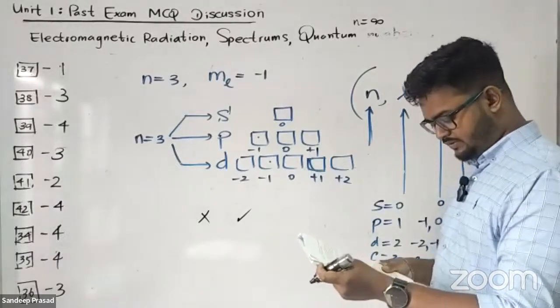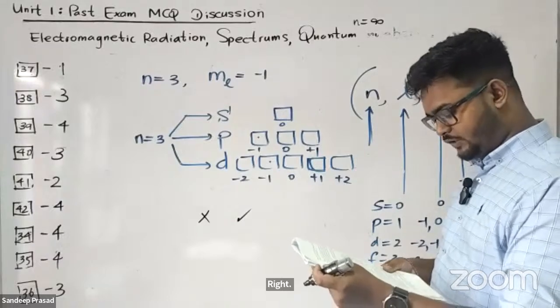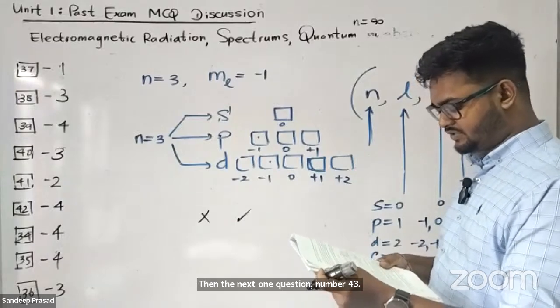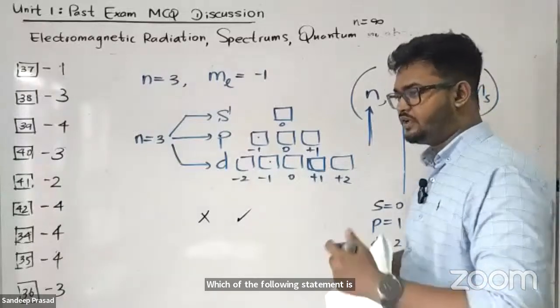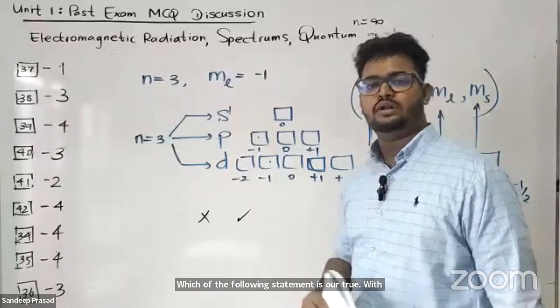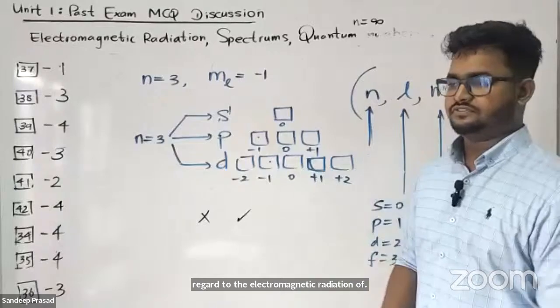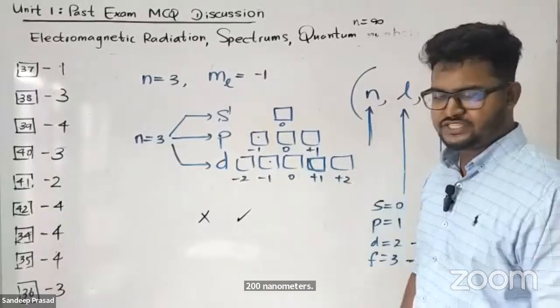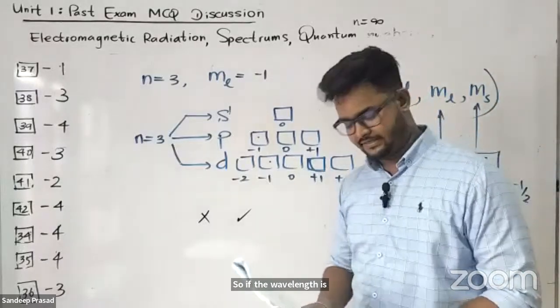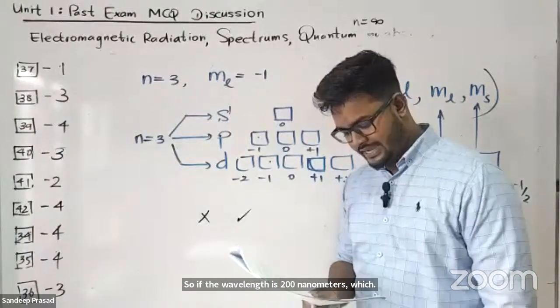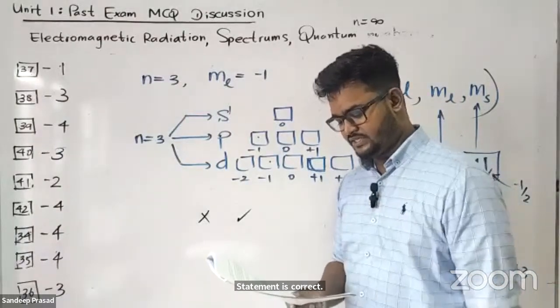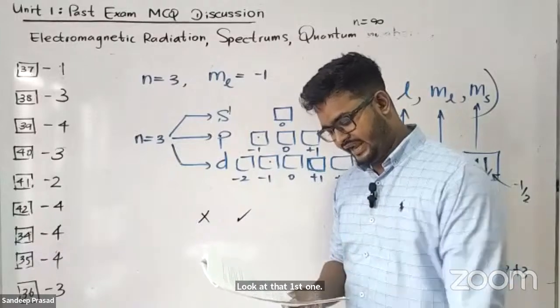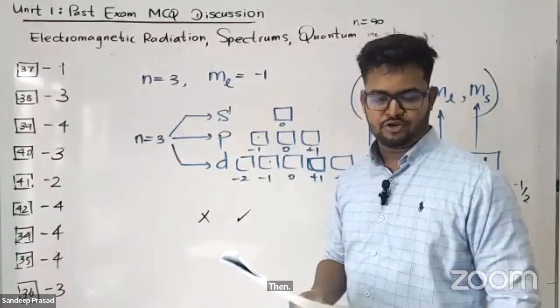Then the next one, question number 43. Which of the following statements is or are true with regard to electromagnetic radiation of wavelength 200 nanometers? Look at the first one. It has a higher frequency than the radiation of wavelength 400 nanometers.